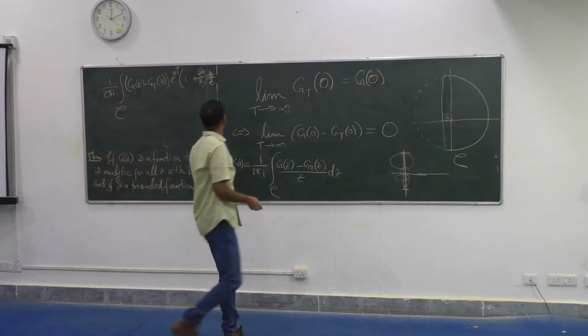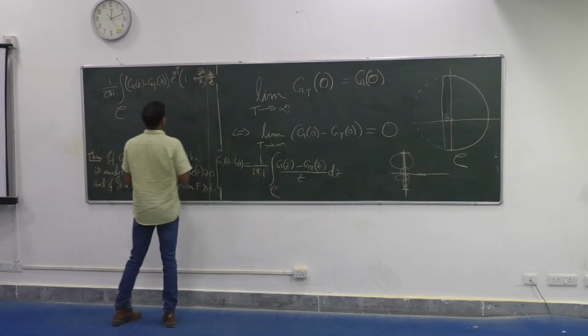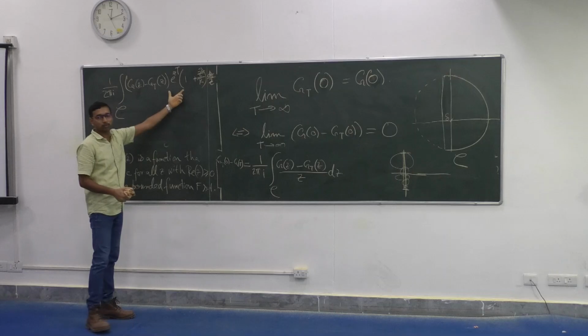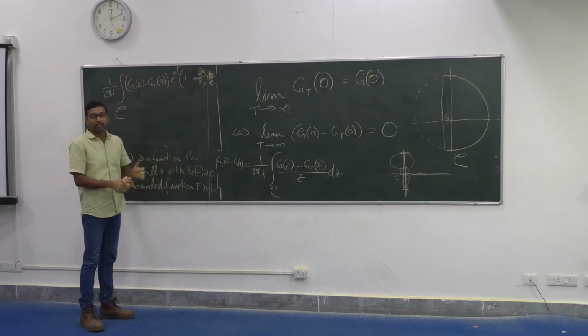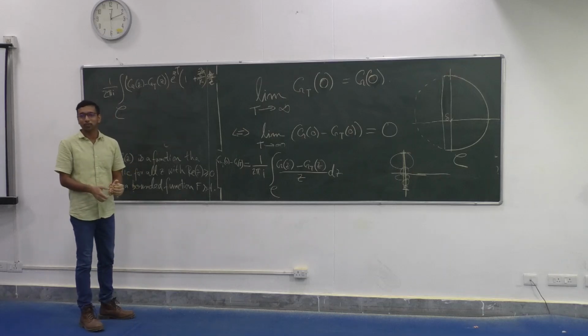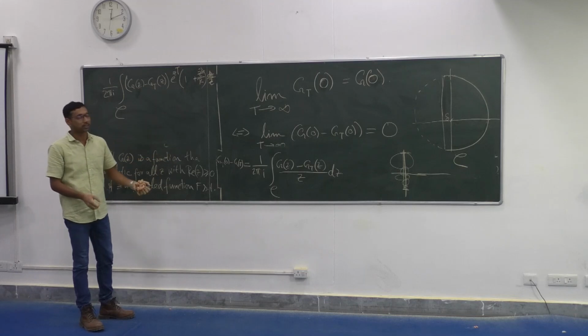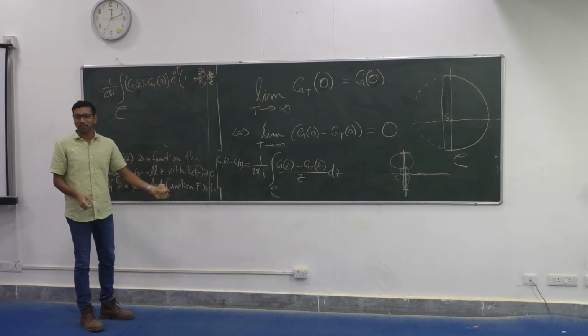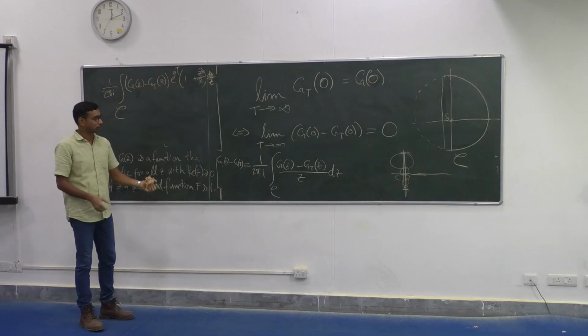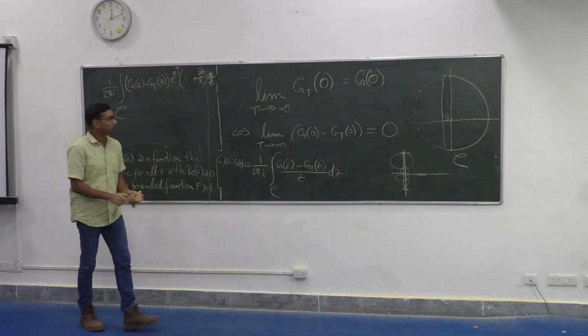And this is the kernel that actually makes life much easier. This kernel was introduced by Newman in his proof, which is till now the shortest proof of the prime number theorem.